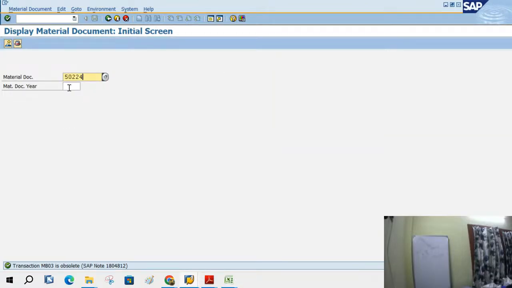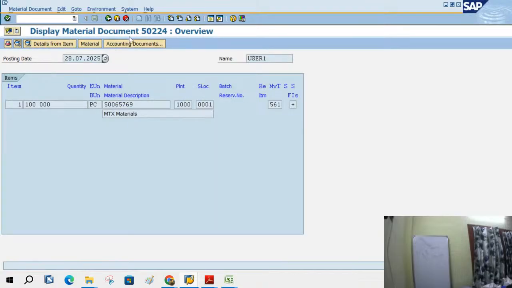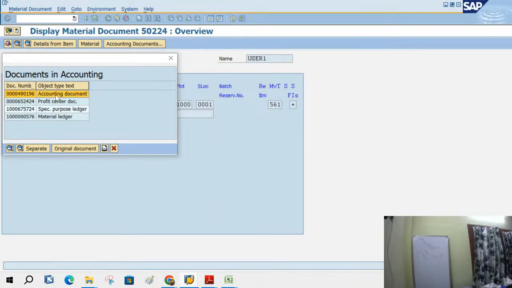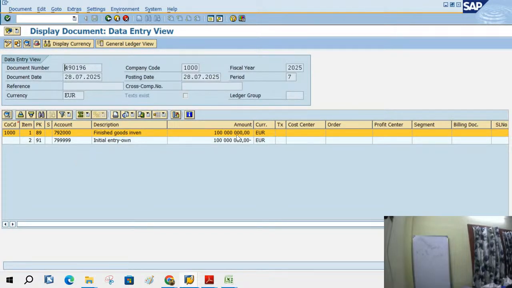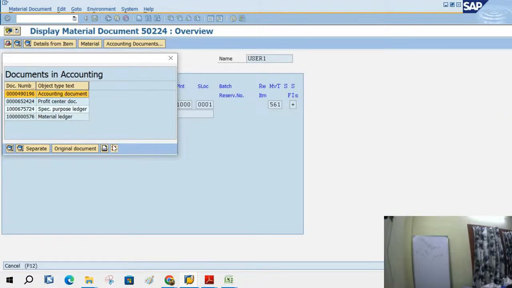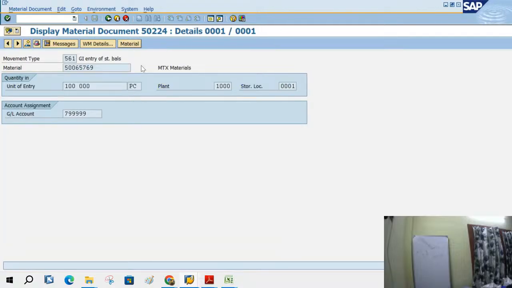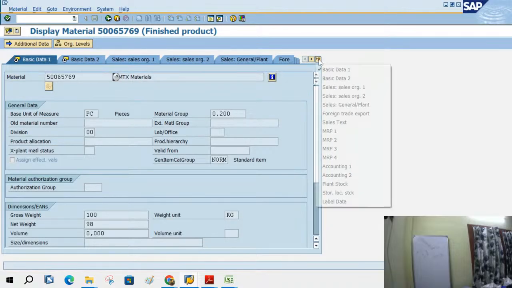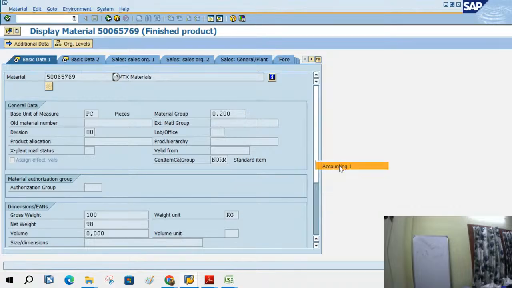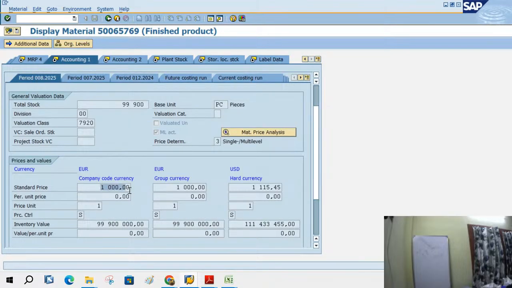So I am showing you what is the GL account number in company code 1000 for the stock posting stage. So this is the amount. How has this value come? This is the material which you have posted, correct? For this material in accounting one view you have written the cost price of the material, €1,000.